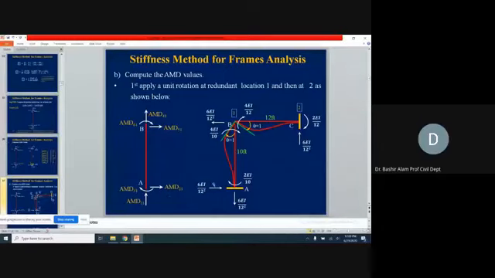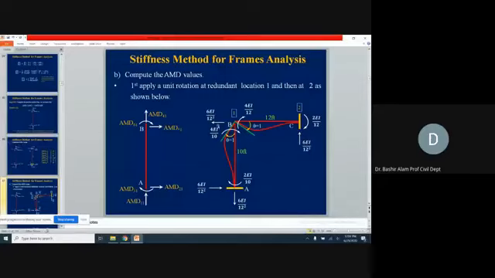AMD 2,1 is 6EI over 12 square. AMD 3,1 is 2EI over 10, clockwise, so positive. AMD 4,1 is in the upward direction, so it is 6EI over 12 square.